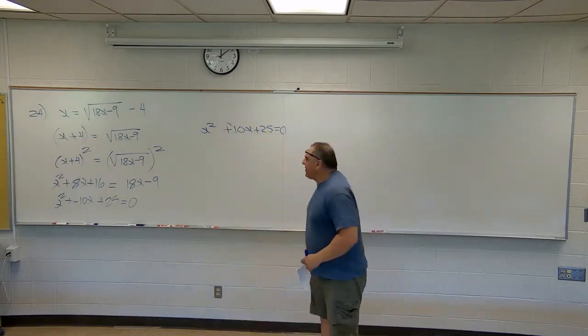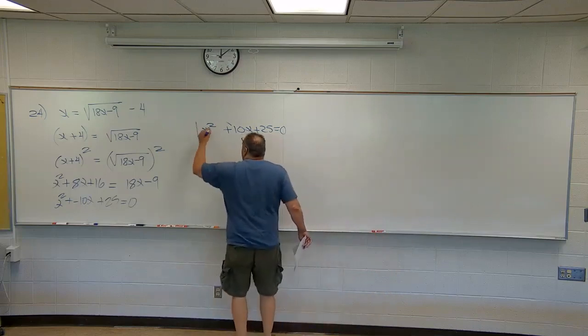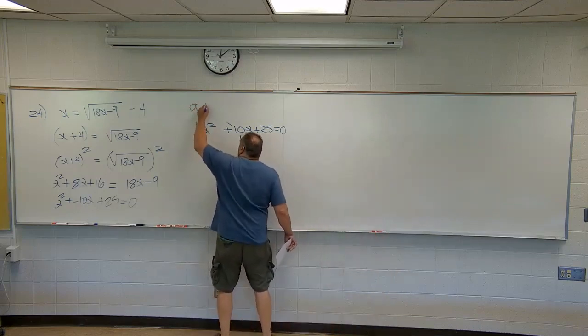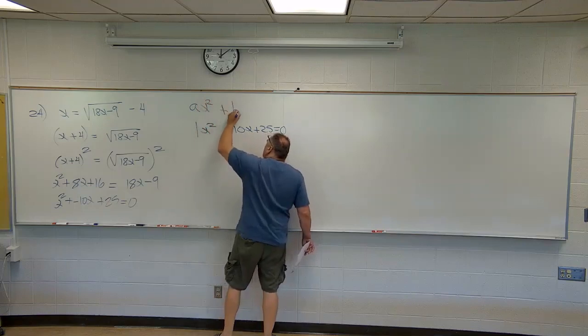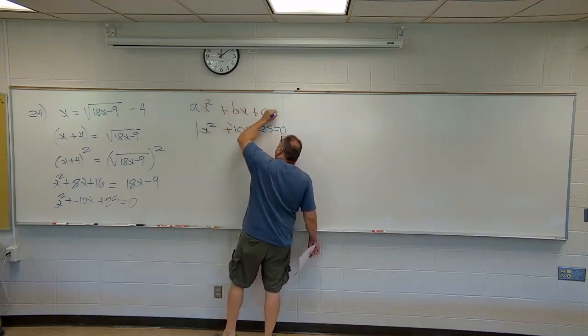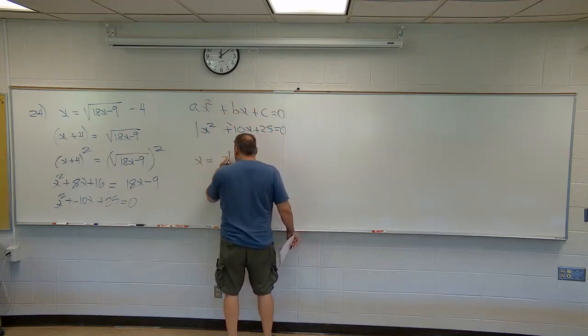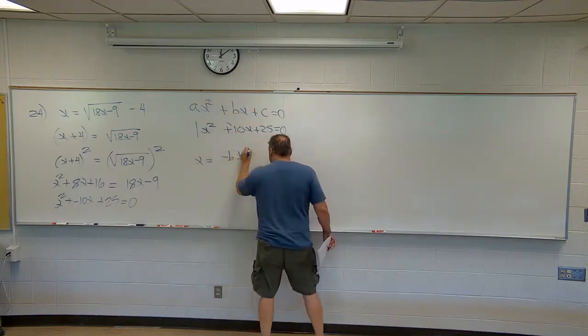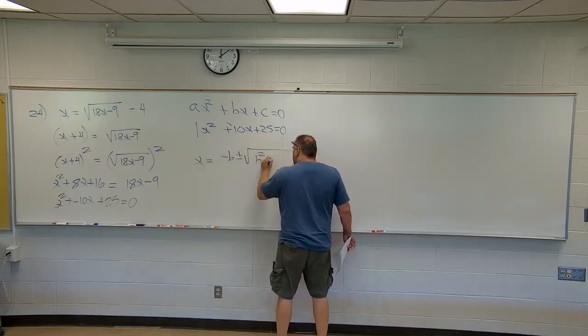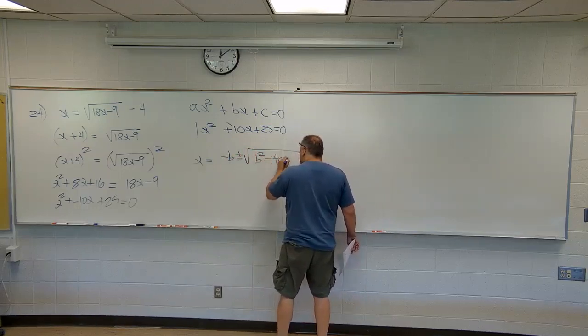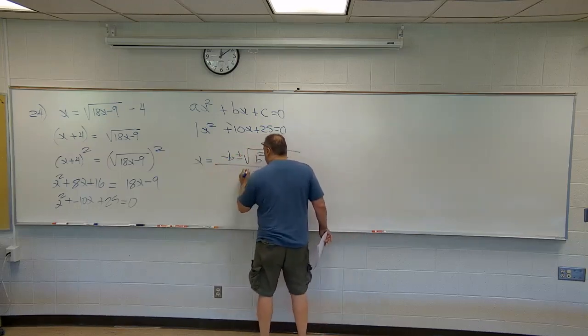You can look at this thing and always come back to the bread and butter. ax squared plus bx plus c equals 0. x equals the opposite of b plus or minus the square root of the quantity b squared minus 4ac, the whole thing over 2a.